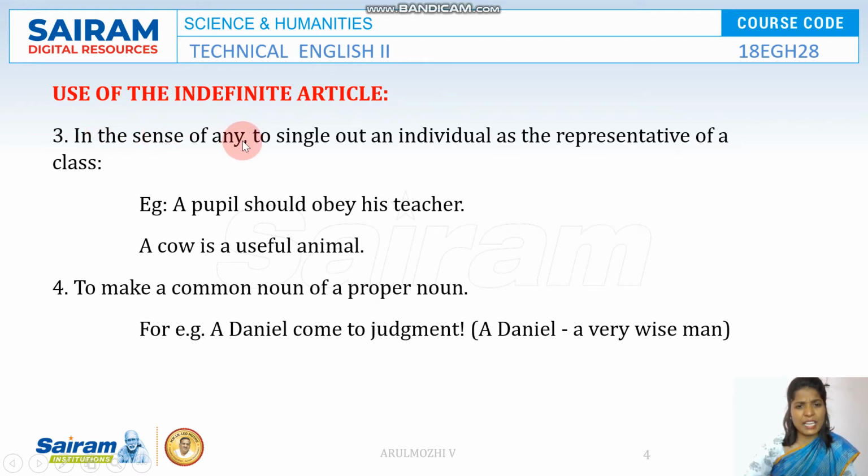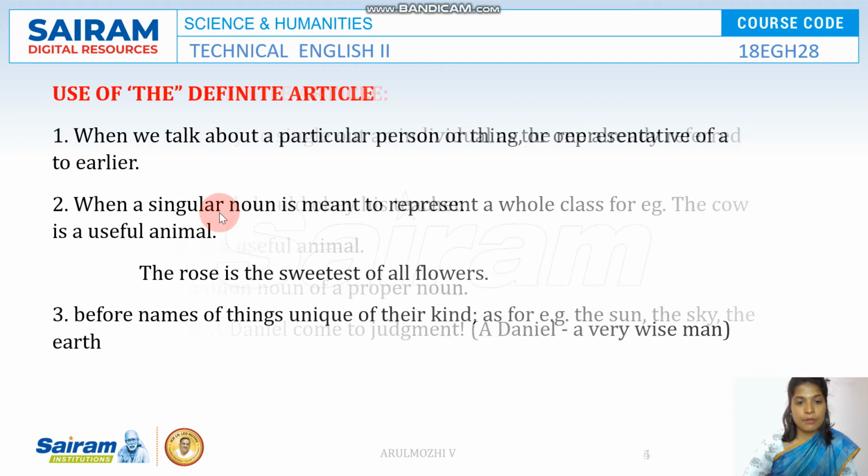Then, in the sense of any, to single out an individual as a representative of a class. When you take one noun from a group and use it as a classic example, in that case you can use the indefinite article before the noun.